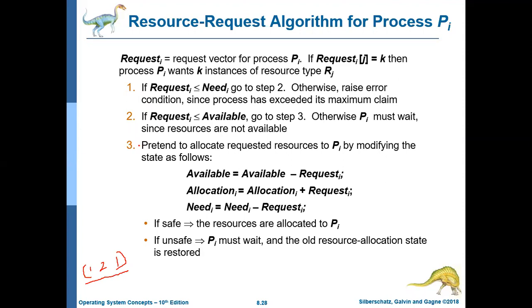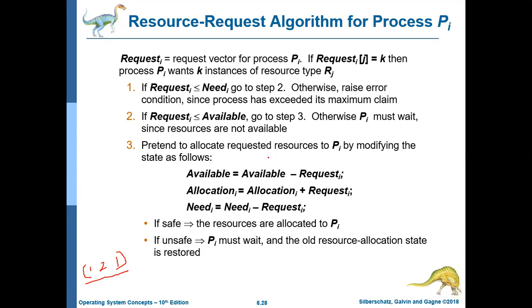Step number 3 comes when you are capable of allocating the resources. You are now capable of allocating resources, but you are checking whether you will allocate or not. Pretend to allocate resources to Pi by modifying the state as follows.